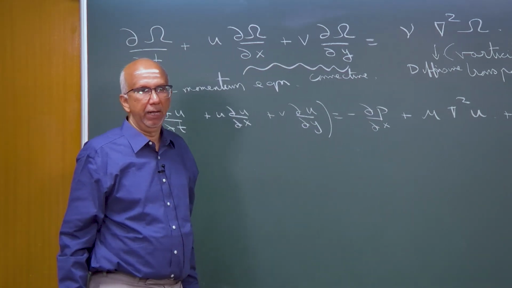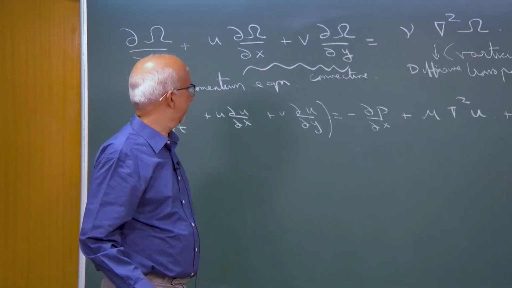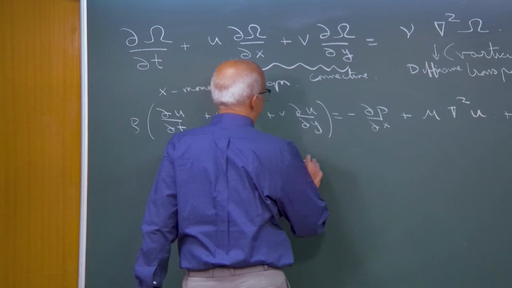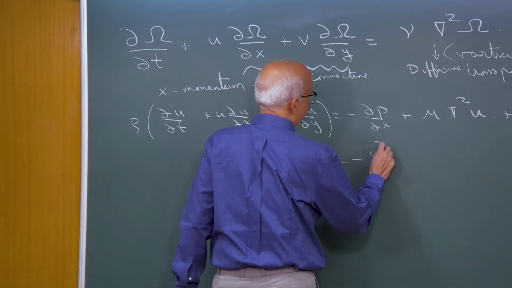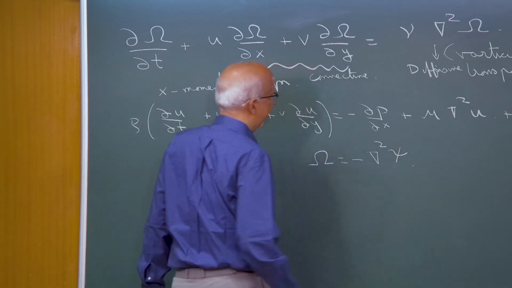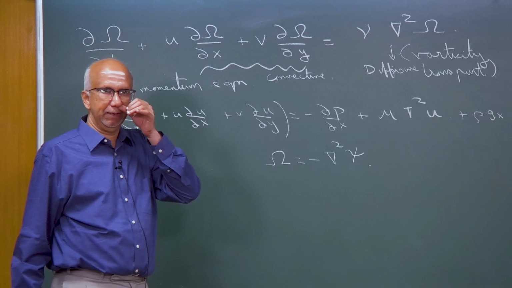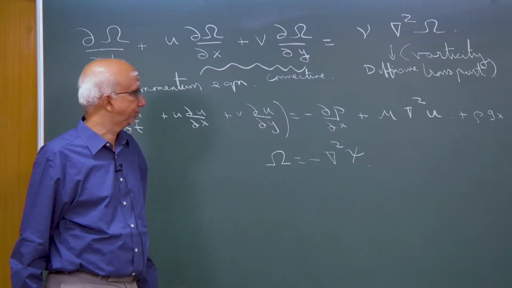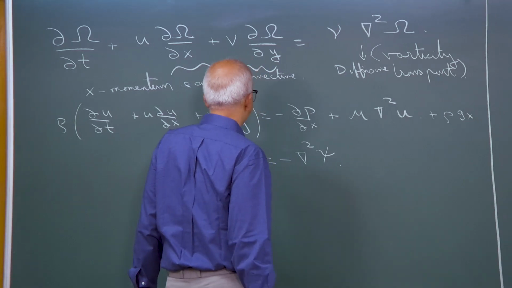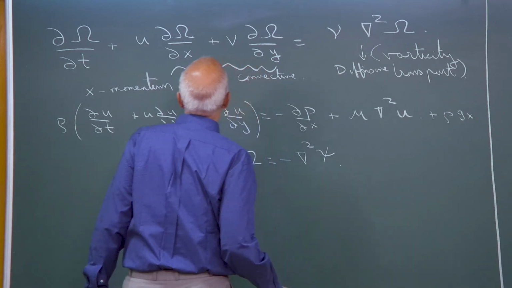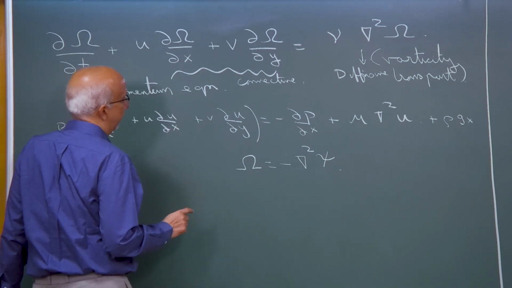okay. And what we can do is we recognize that omega is minus del square psi. We derived this in the last class, okay. The vorticity can be written in terms of the stream function, and once I do that, I can write this in two ways.